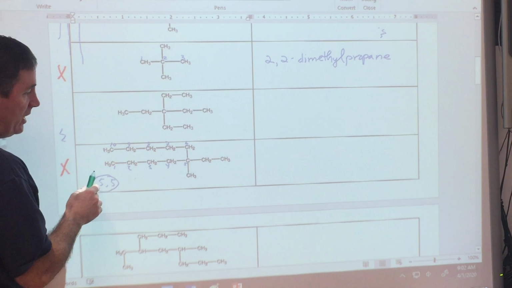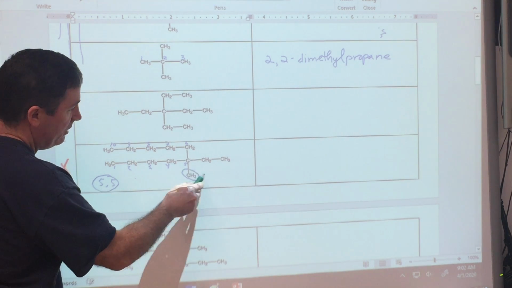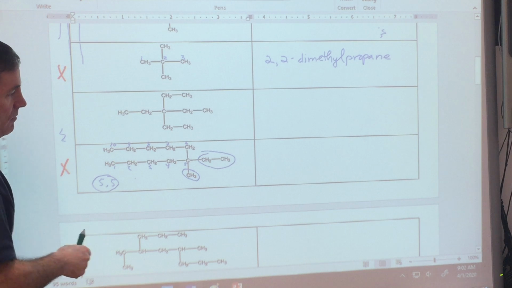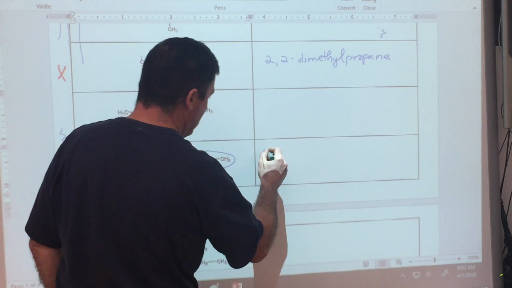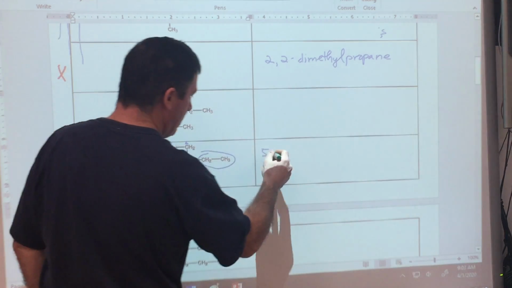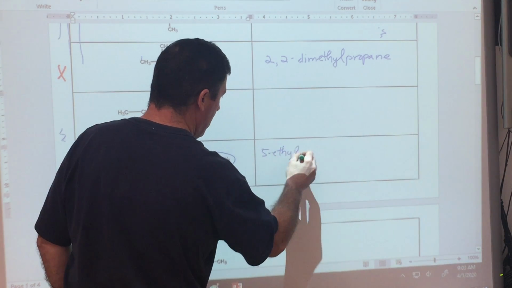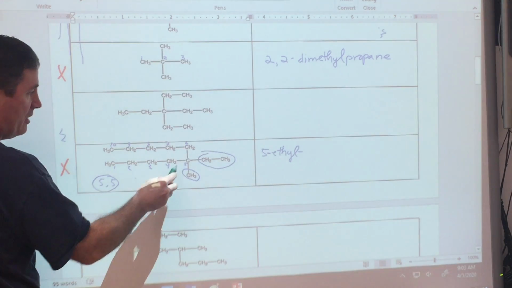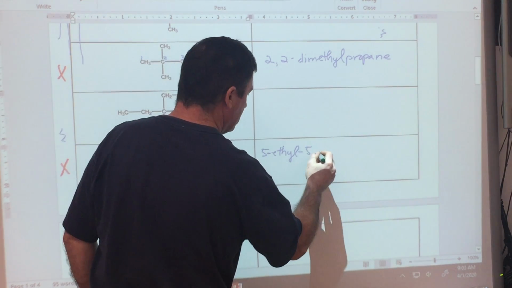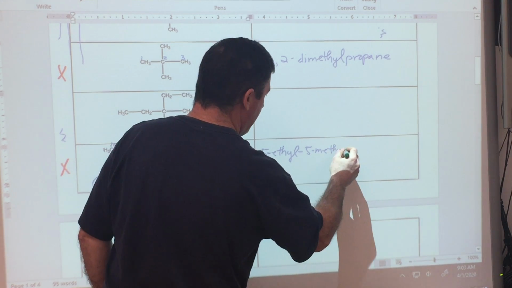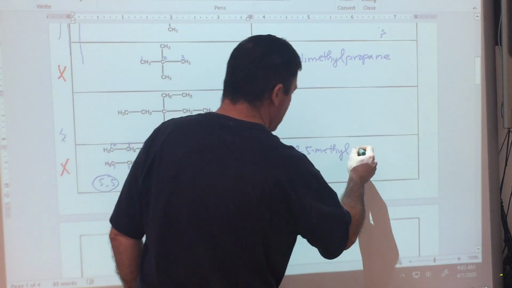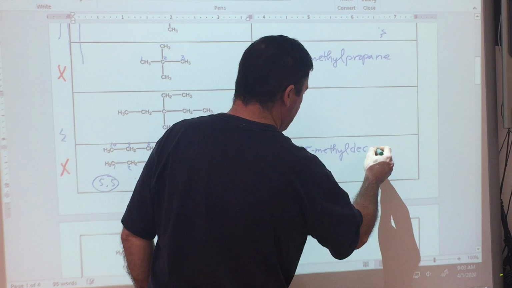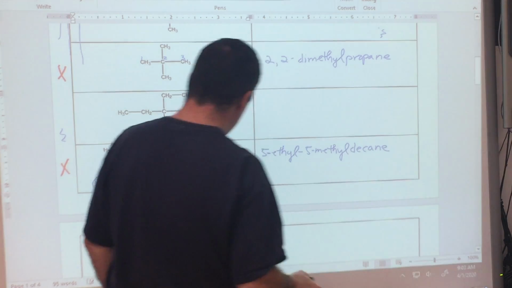Okay, now I've got my chain. I've got a methyl here and an ethyl here. In your naming, ethyl comes first because E comes before M. So I've got 5-ethyl, 5-methyl, and what's my long? 10, prefix dec, like decagram, except this is an alkane.